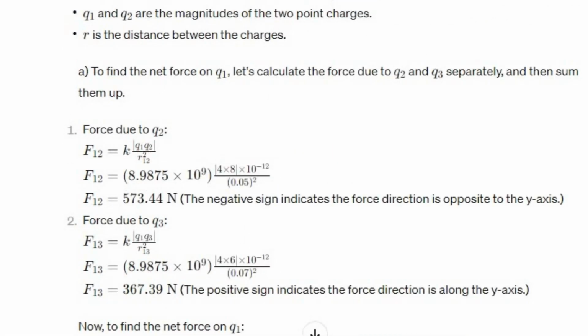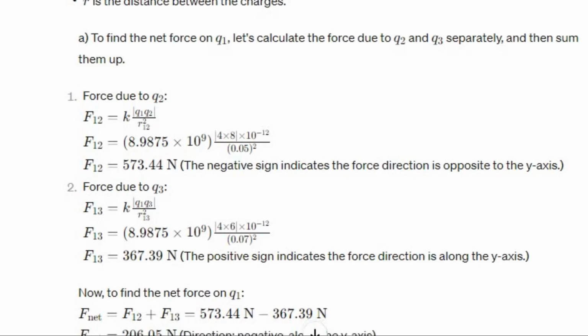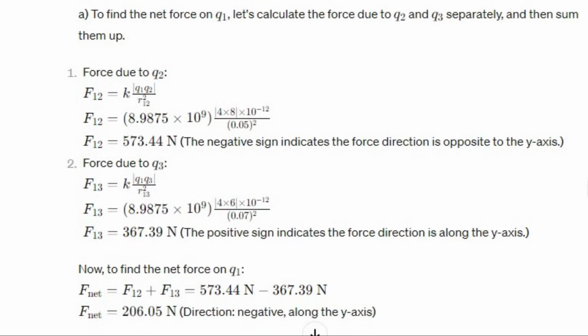To find the net force on Q1, let's calculate the force due to Q2 and Q3 separately and then sum them up. 1. Force due to Q2: F12 equals k Q1 Q2 over R squared, with k equal to 8.9875 multiplied by 10 raised to power 9.